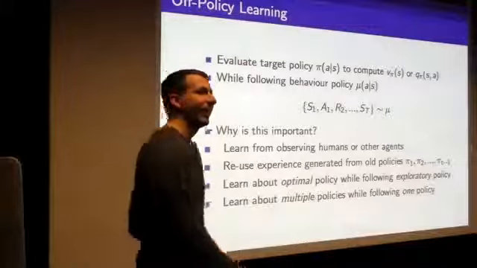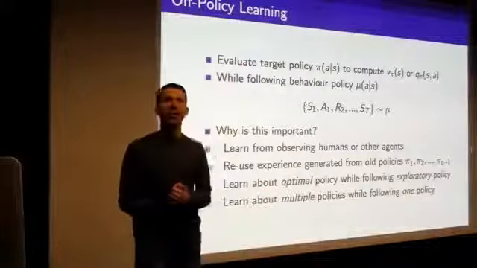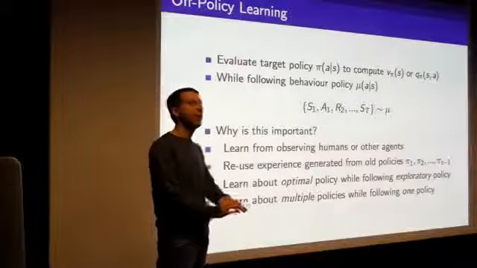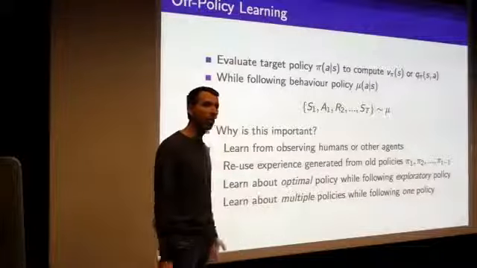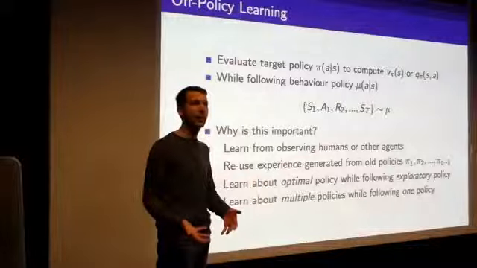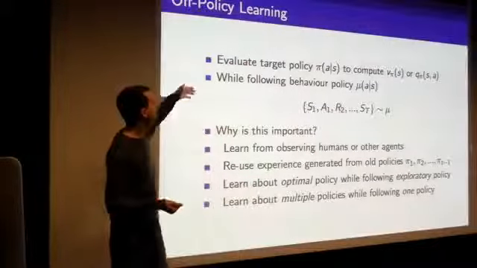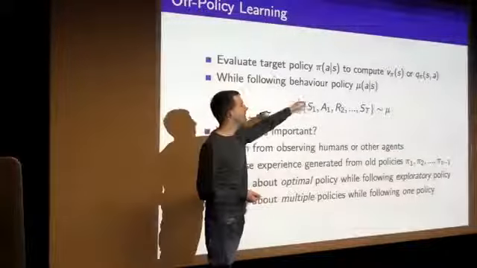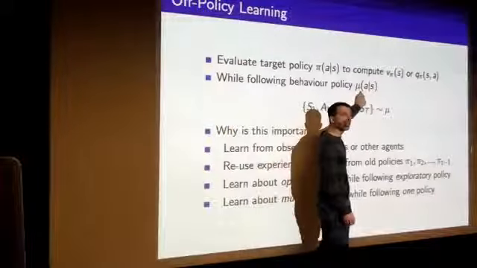Okay, let's change gear a bit. Now we're going to talk about off-policy learning. So everything so far has considered the case of on-policy learning, where the policy which I'm following is the policy that I'm learning about. But there are many cases where we want to consider how to evaluate some other policy while we're following a behavior policy that we're going to call mu.